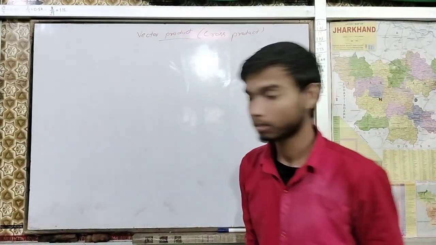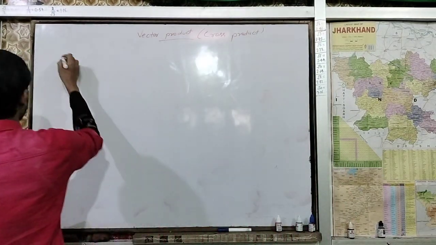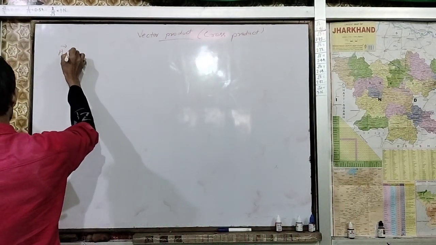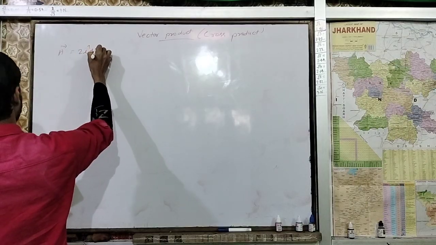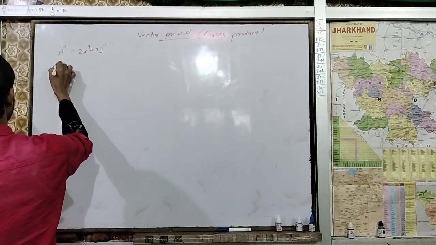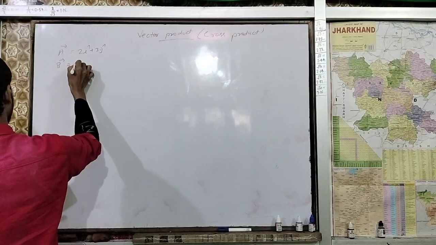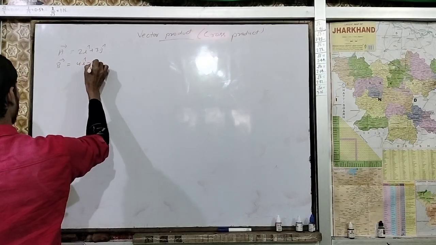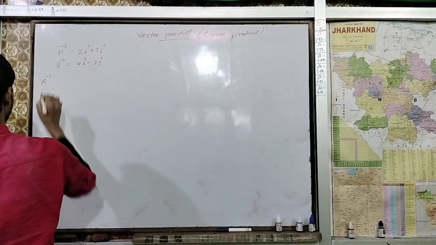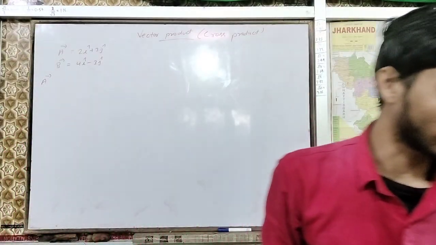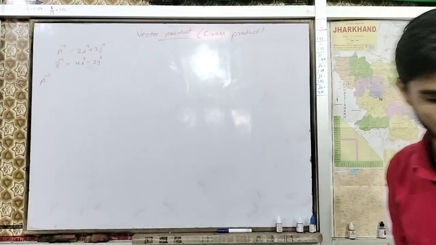Next we have a question based on this concept. There are two vectors whose values are given.